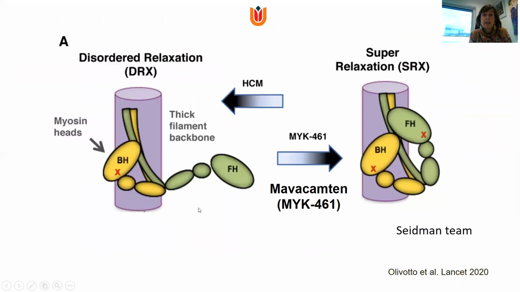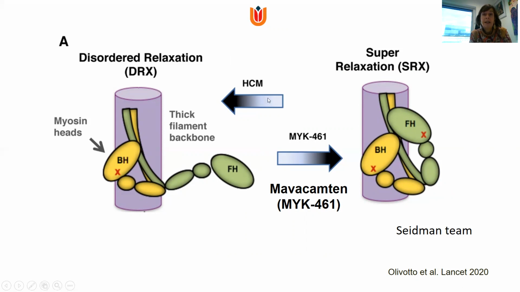Now, there has recently been this trial using mavacamten, and many studies performed by the team of Christine Seidman have shown that mavacamten is able to shift this myosin status from a disordered state towards the super relaxed state.